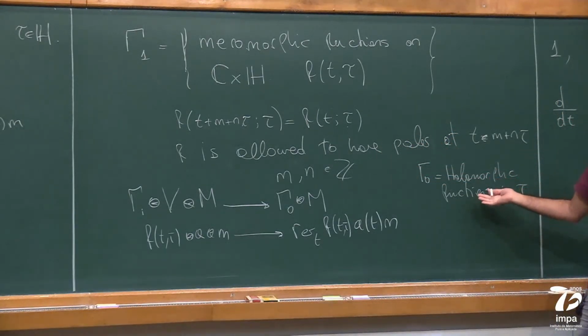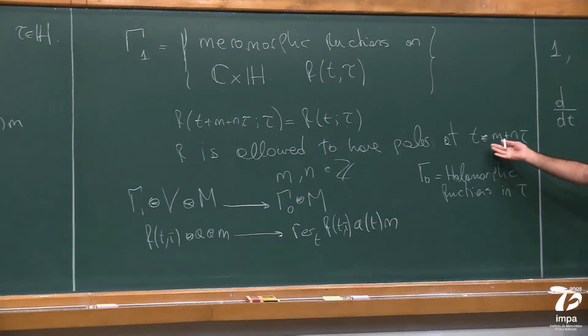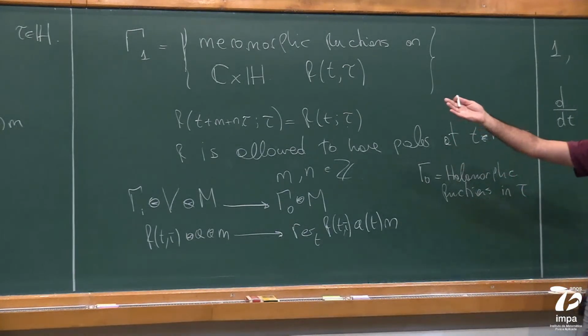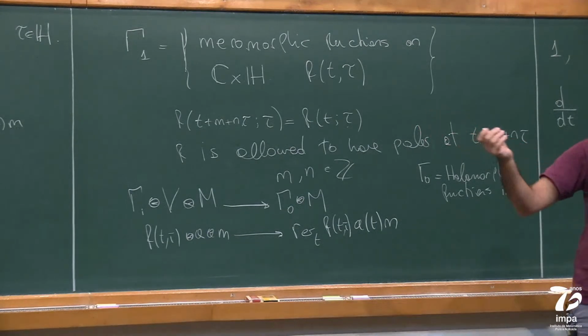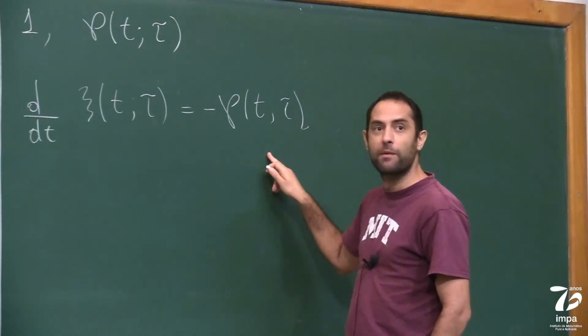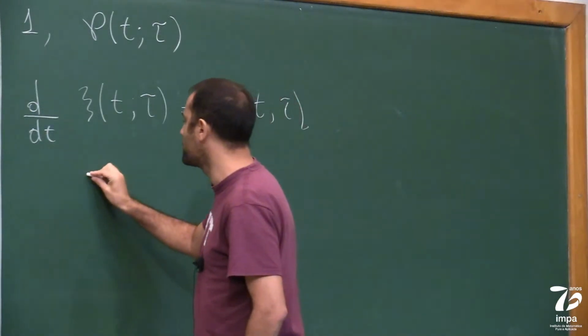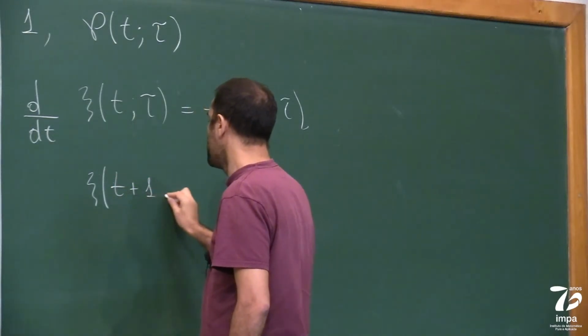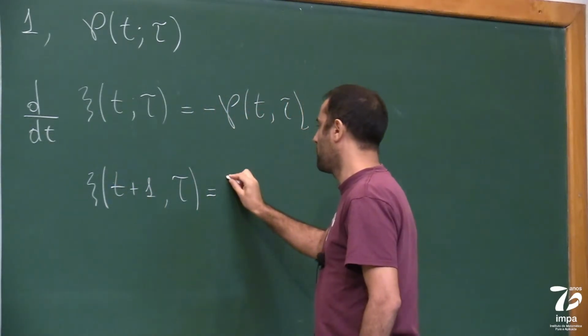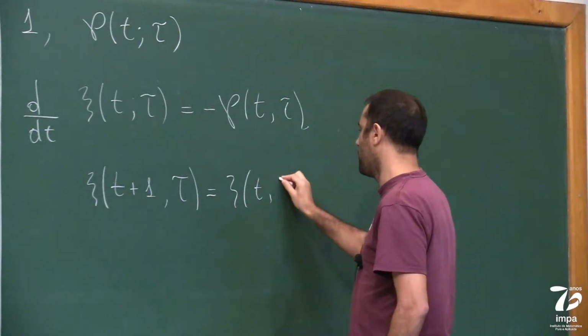And of course, it cannot be biperiodic, because if it was biperiodic, then I would have a function with one single pole and no non-trivial residue on the elliptic curve. So this is not biperiodic. What it satisfies is that zeta of t plus 1, tau is zeta of t, tau.